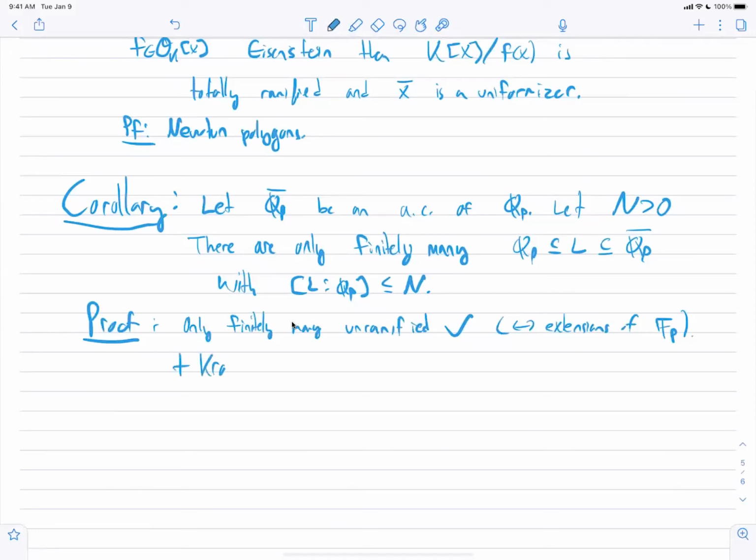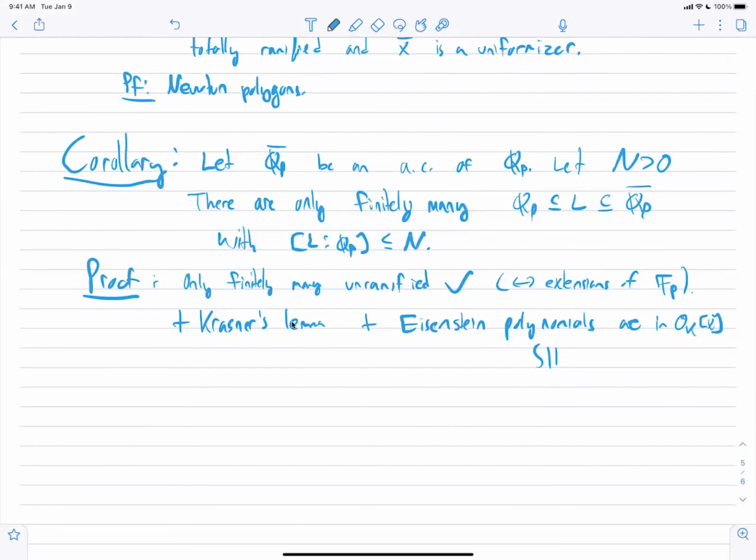And then you apply Krasner's lemma, plus the fact that the space of all Eisenstein polynomials in O_K[x], if I just write down the coefficients, is isomorphic to p times p, where p is the prime ideal, so all the coefficients times p minus p squared.